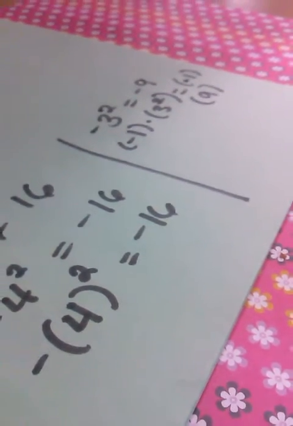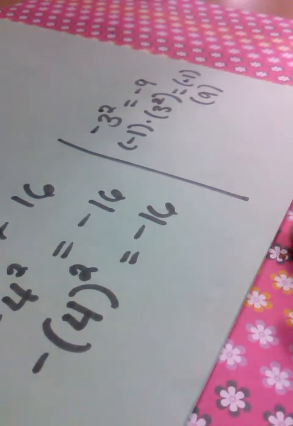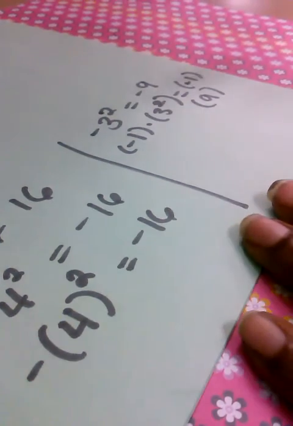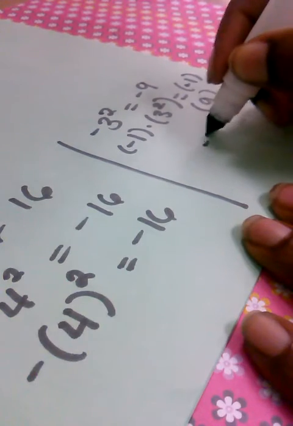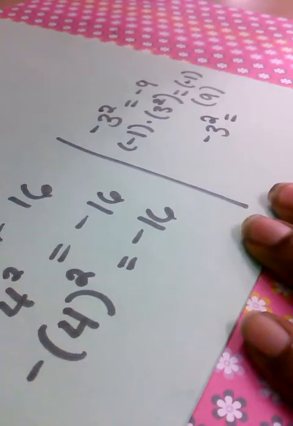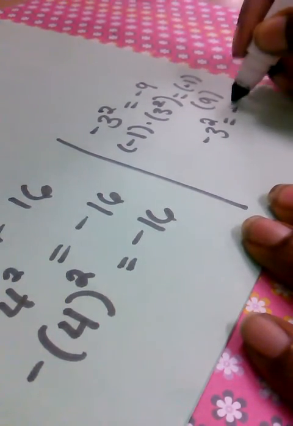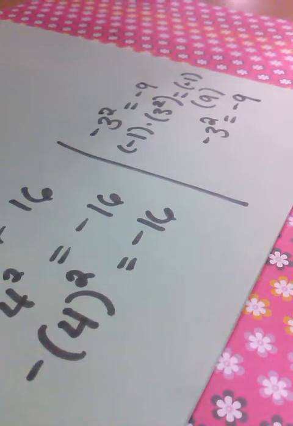By doing this, it's easier for me and for them to see that the correct answer would be negative 9. So, like I mentioned before, that misconception is something that I sometimes make a mistake with. But if you teach the students the correct way of solving it and model it, then they will have a better understanding of how to solve such questions.